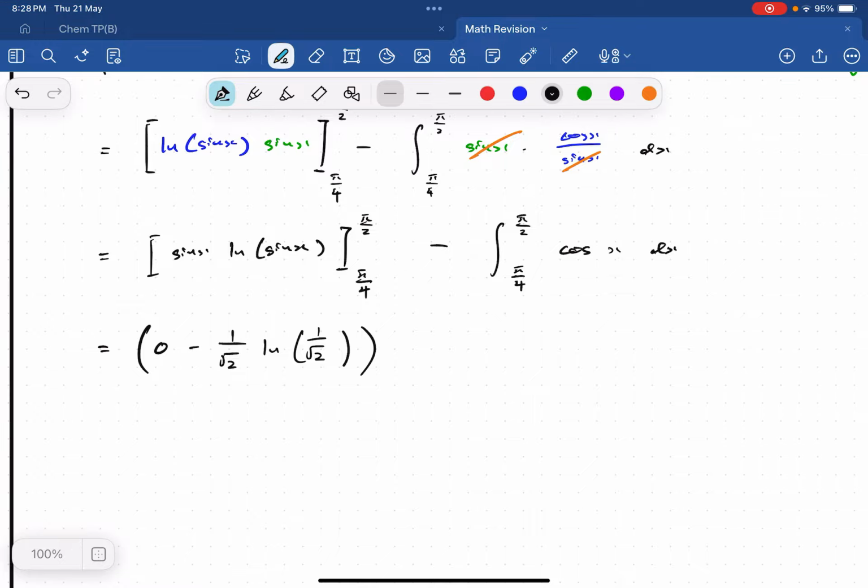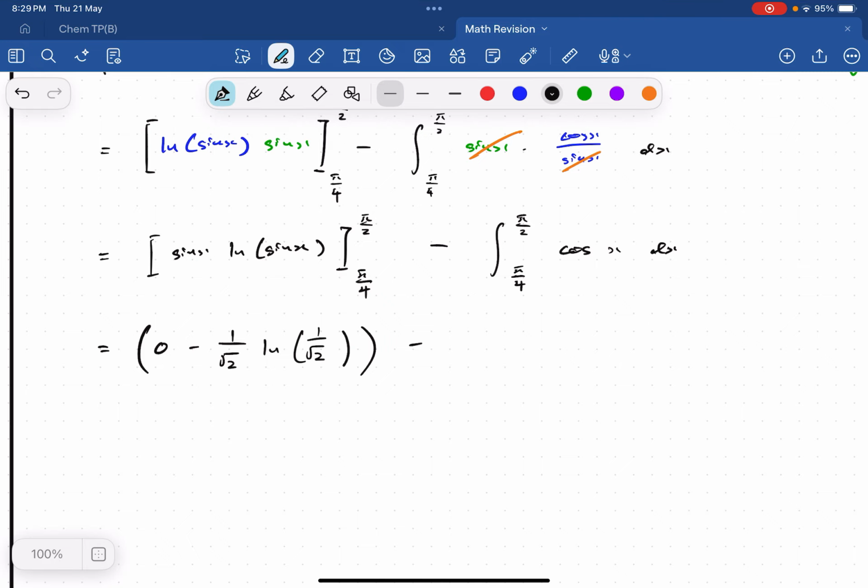Okay, why 0? Because sine of pi over 2 and then times ln. Actually, I'm just going to press my scientific calculator with you. Okay, so if you press your scientific calculator, which I can't show you on the iPad, you should be able to get these values.